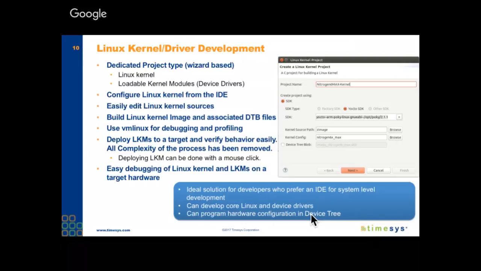You can build not only the Linux kernel image, but also the device tree blob. In the Linux kernel, the information on how to initialize the hardware nowadays is contained within the device tree blob, which is a separate file that gets built as part of the Linux kernel build process, but the DTB file is not merged into the Linux kernel binary.